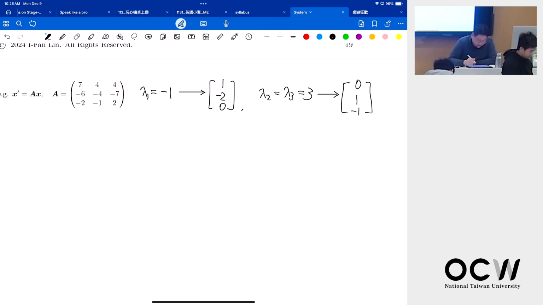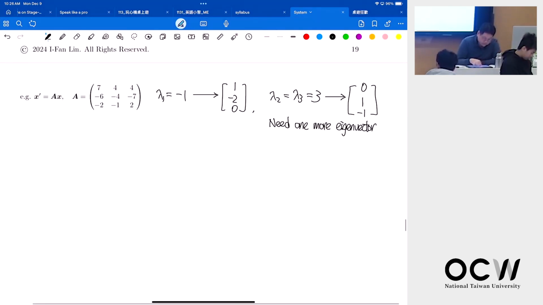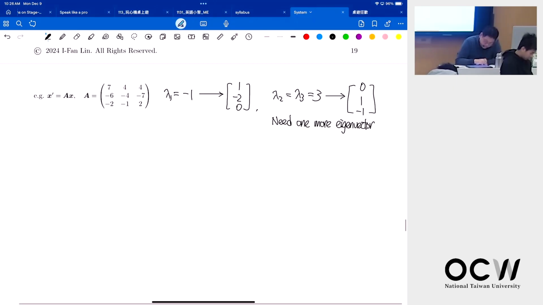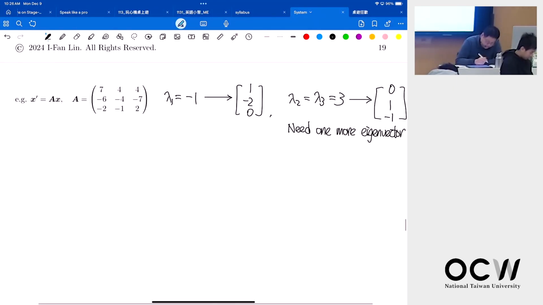So we need one more eigenvector. So if we need one more, A x3 equals lambda 3 x3 plus x2.